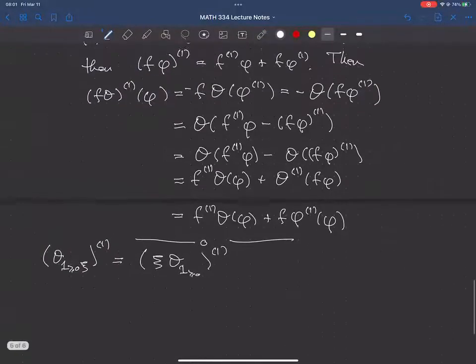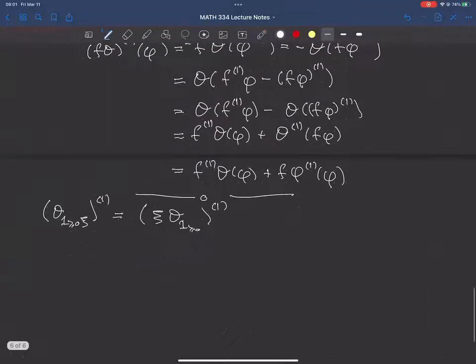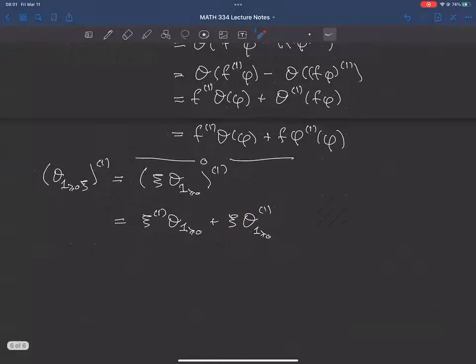Okay, now I'm going to use part 2, okay, which is the product rule. All right, so this is c 1 theta 1 greater than or equal to 0 plus c theta 1. Okay, and last time we calculated this derivative. Okay, so this is the derivative of the step function. We showed last time that the derivative of the step function was the Dirac delta.